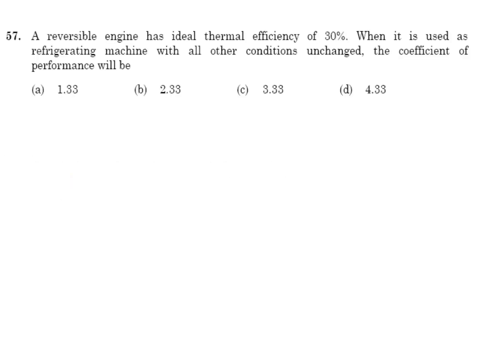A reversible engine has maximum thermal efficiency of 30% when it is used as a refrigerating machine with all other conditions unchanged. The coefficient of performance will be how much? So one formula is there: efficiency of heat engine into COP of heat pump is equal to 1. So first we will calculate COP of heat pump.